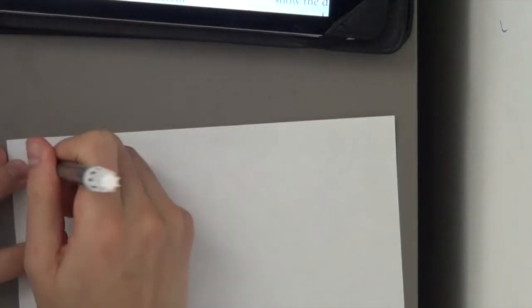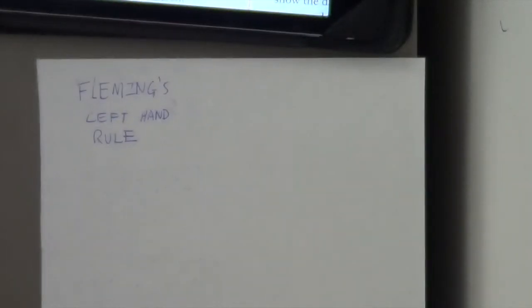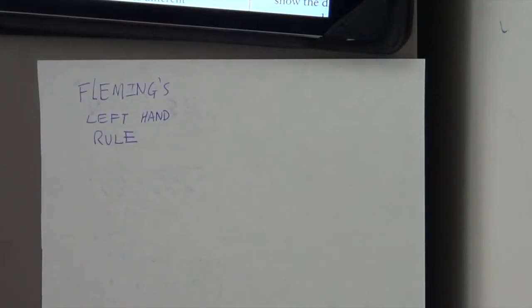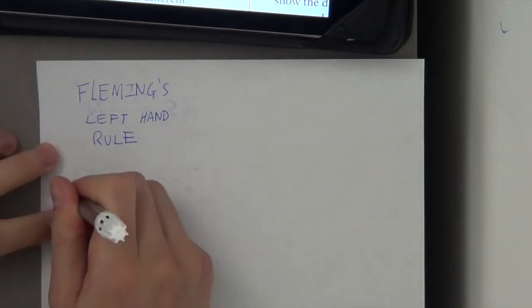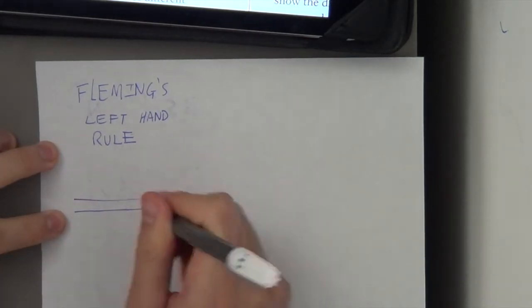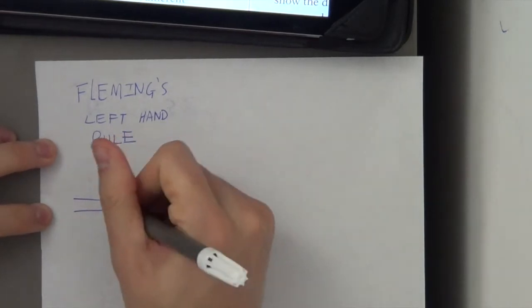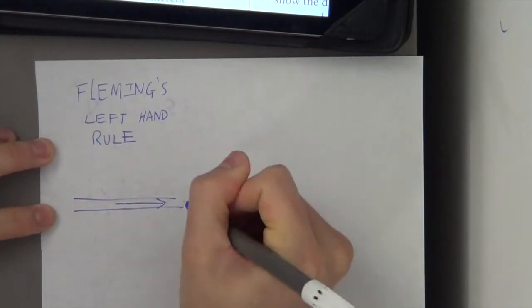Fleming's left-hand rule. Why is this important, and where is it used? Basically the idea is, here's my wire, here's my current.